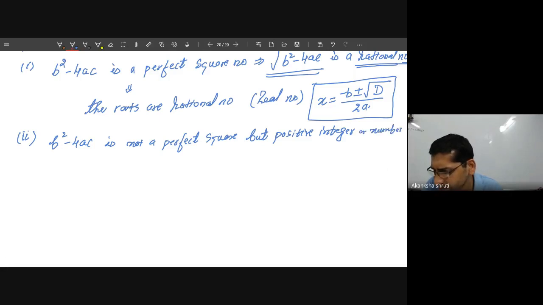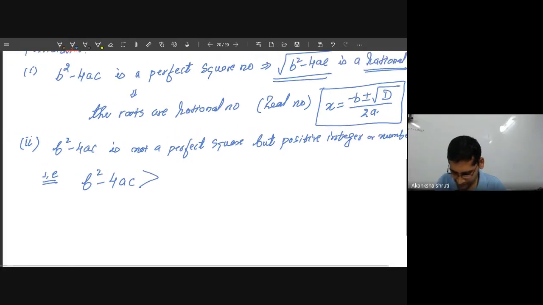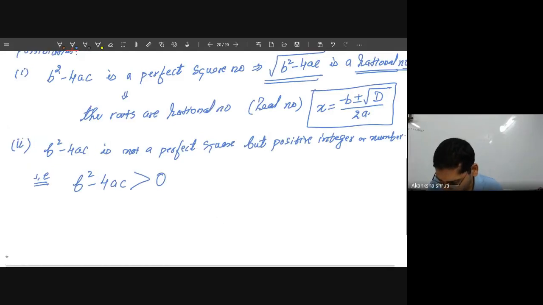It is possible to get a fraction depending on the values of a, b, c. This is the condition that b square minus 4ac is greater than 0, but not a perfect square.